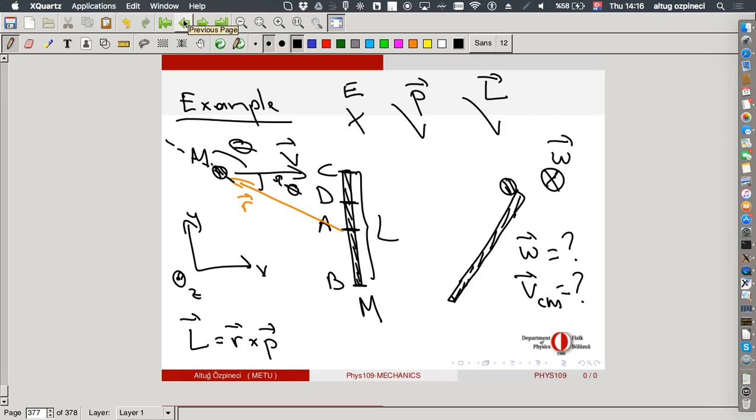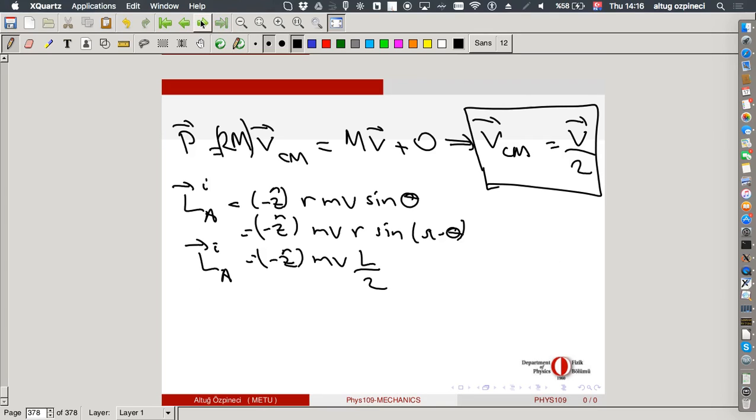If it went to plus infinity, it would become 0. So theta is time-dependent, R is time-dependent, but R times sine theta is just L over 2. That is a constant. So this is the initial.